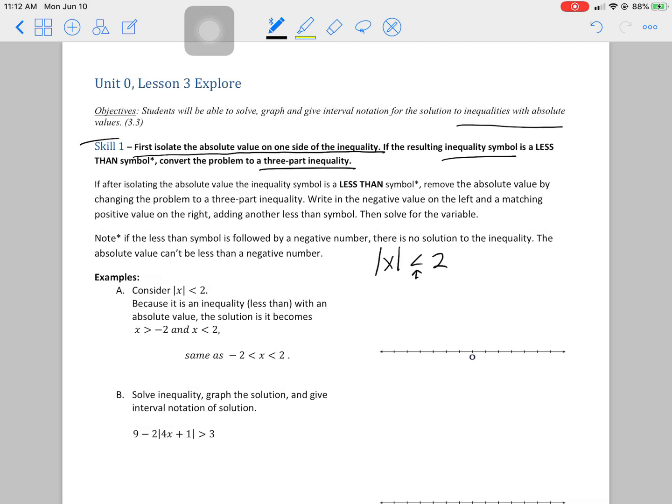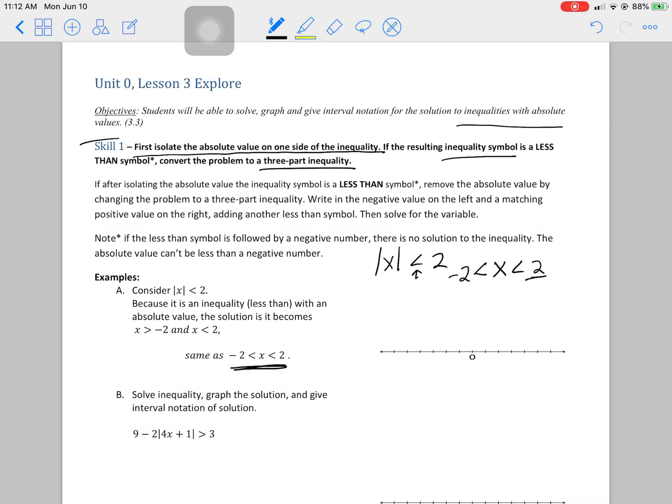What you're going to do is take whatever's in the absolute value bars and put that without them. And then on this side, you're going to add another less than symbol and then put a negative of whatever was on this side. That's how you turn it into a three-parter. Okay? So that's where that comes from.